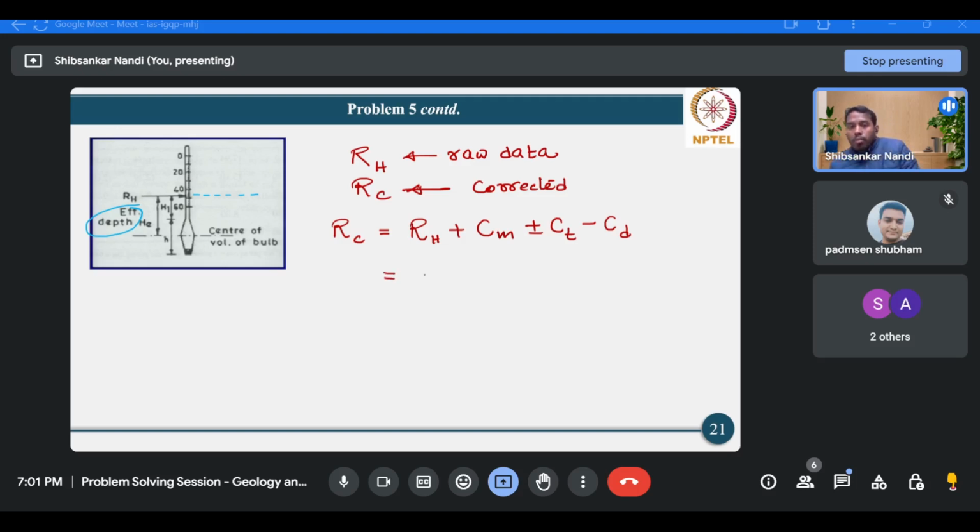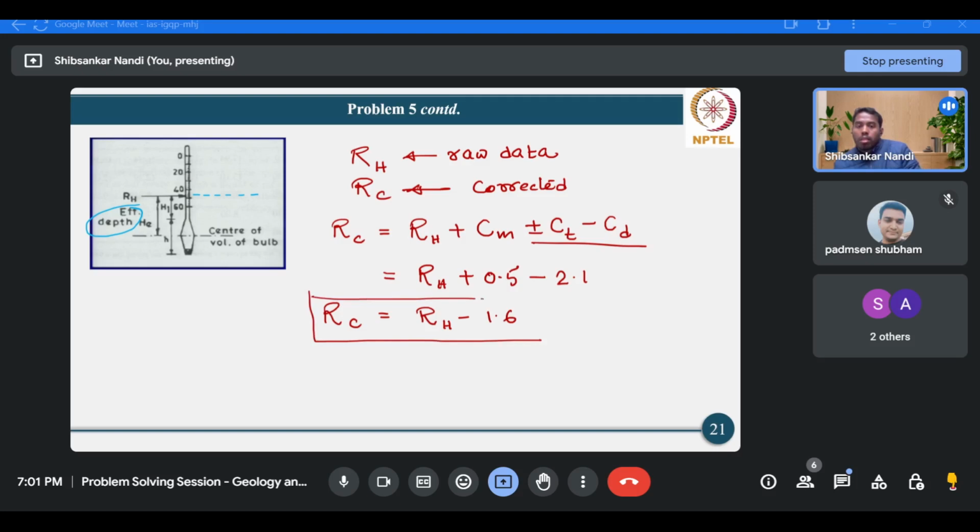For this specific problem, CM is given as 0.5 and the combination of the other two is given as minus 2.1. So finally RC becomes RH minus 1.6. This is the relationship between the raw and corrected hydrometer data.